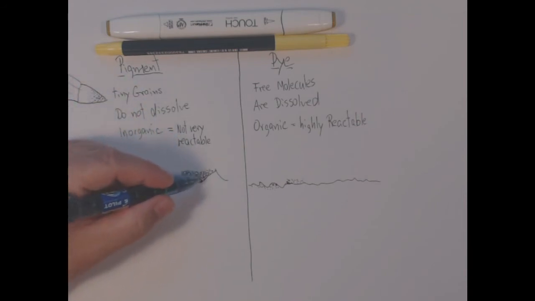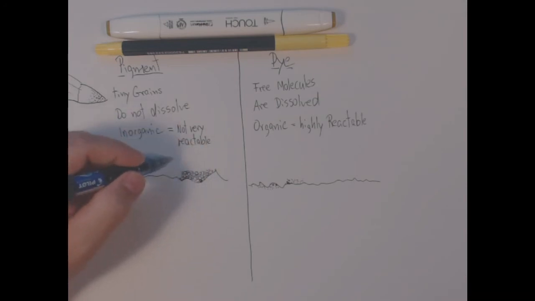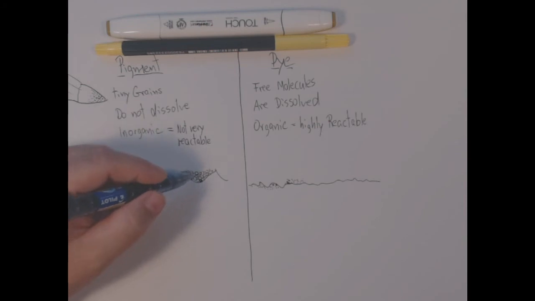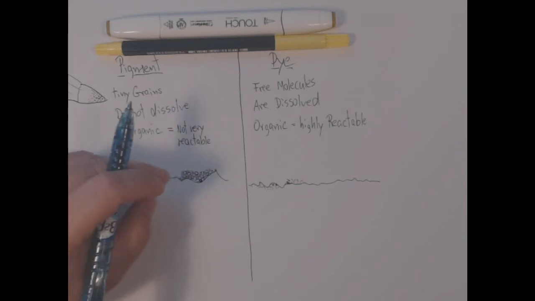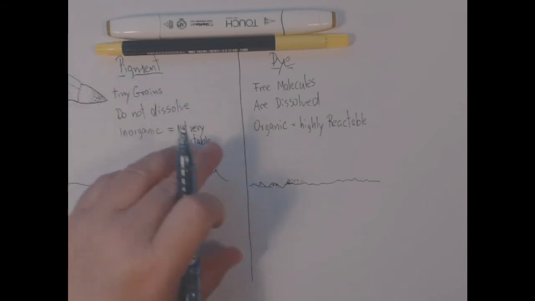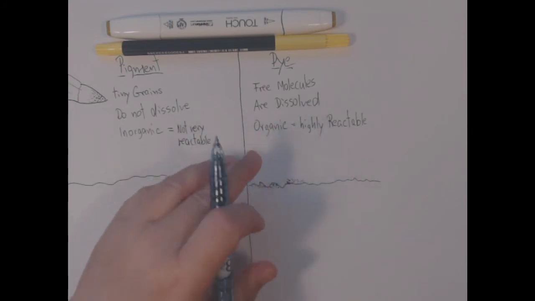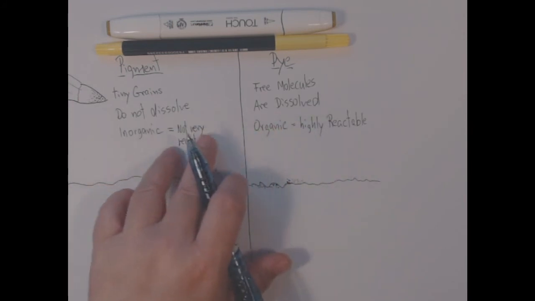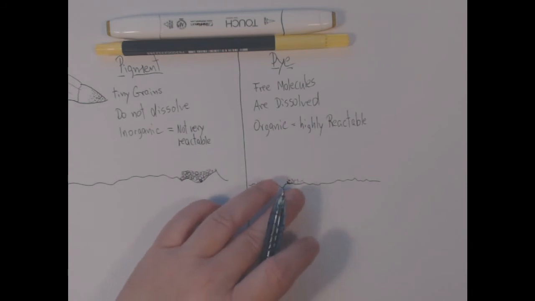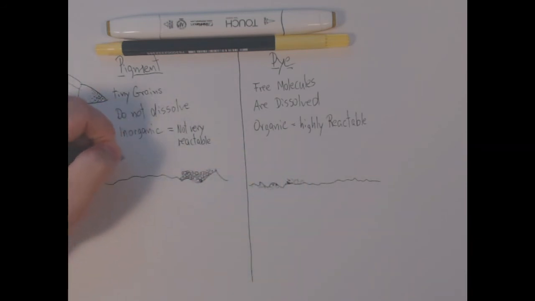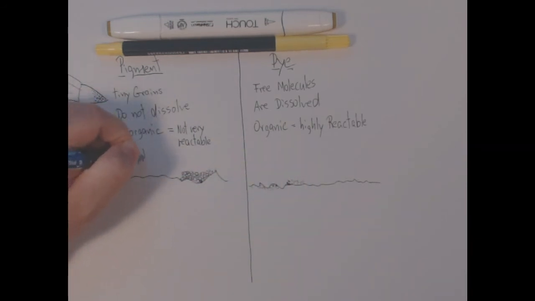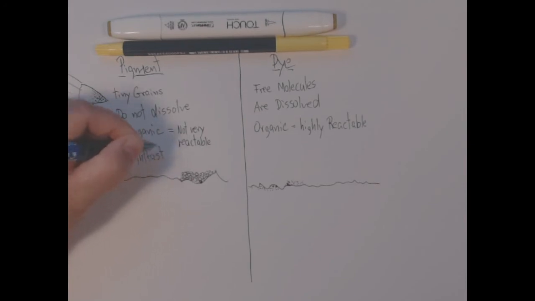It takes a lot of time to break them down, even if you add water and oxygen and UV light. Some inorganics break down faster than others, and the same is true for organics. There are some exceptions to both groups, but in general, pigments are lightfast. And that comes down to them not being very reactive.